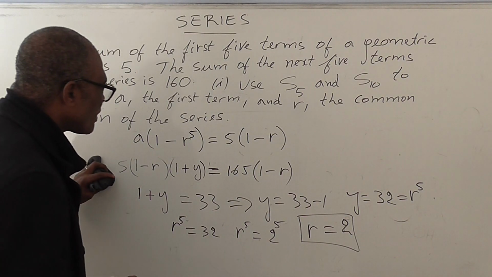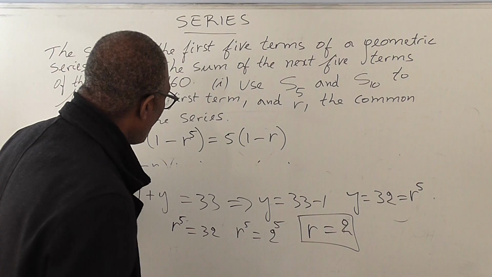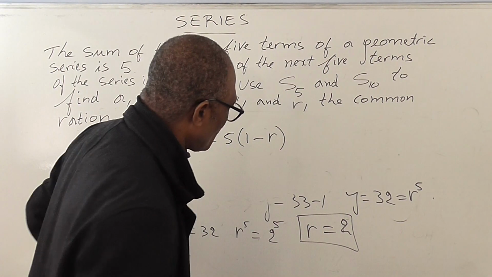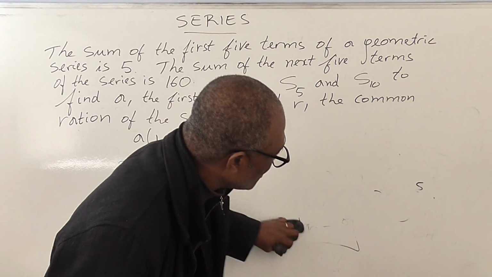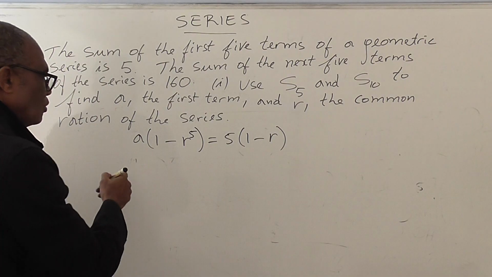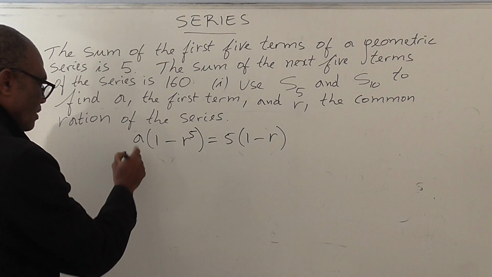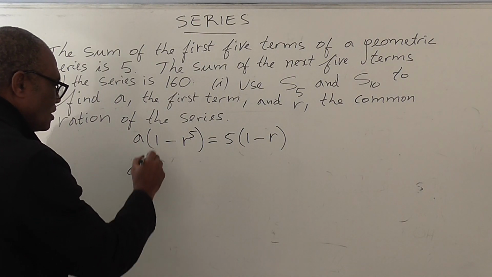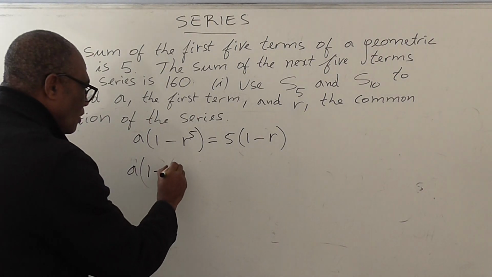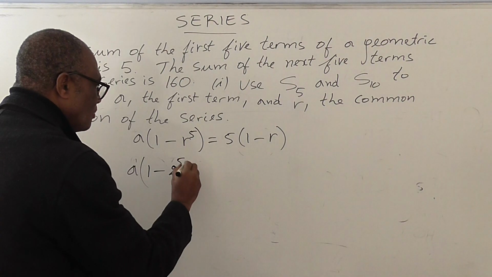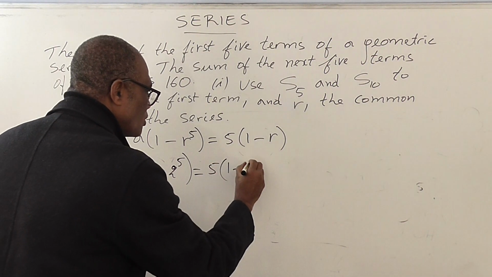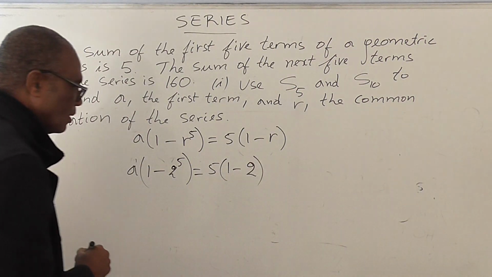Now we are going to replace r by its value, that means 2, to get the value of A. So A, 1 minus r to the power of 5 is equal to 5, 1 minus 2.